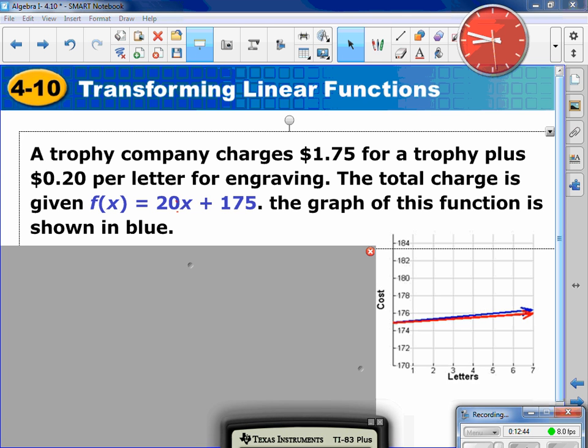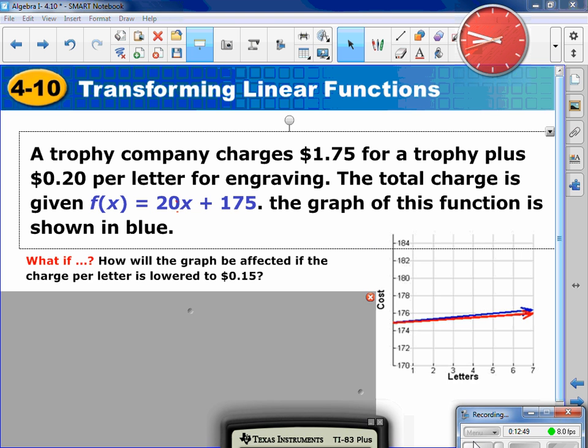How will the graph be affected if the charge per letter is lowered 15 cents? It's now 15 cents per letter. What now happens? It decreased by how much? 5 cents. So what's going to happen to my graph? It's going to go down by what? Is it just going to go down 5? What's the 15 cents standing for?